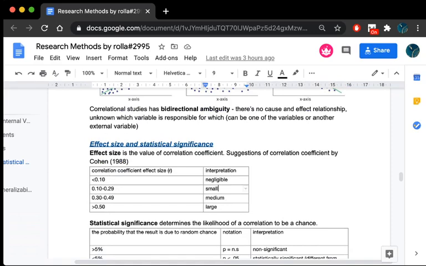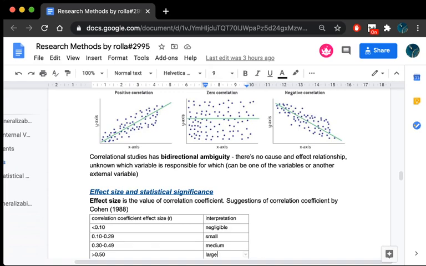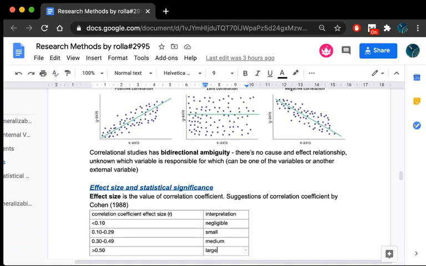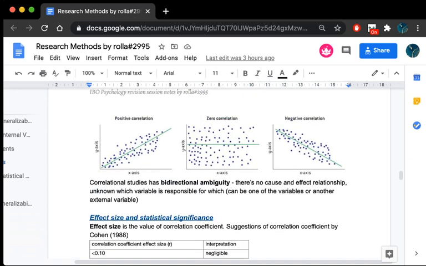The numbers range from -1 to 0 to 1. If the number is closer to 0, that means it's closer to a zero correlation. However, if a number gets closer to 1 or -1, let's just say if the number is closer to 1, that means it would be a positive correlation.